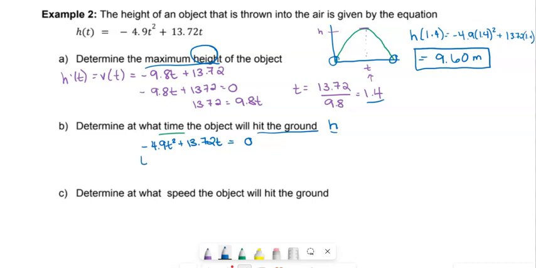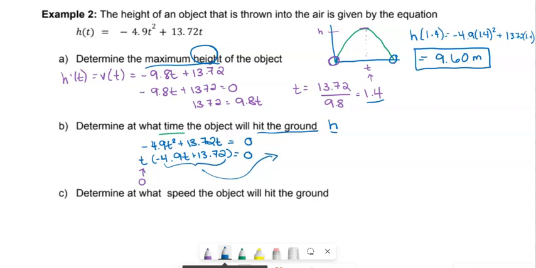So I'm going to common factor out this t. And now I'm going to find the two cases. So here's my first case here. When t is 0, the height is 0, and I know that that's my first point there. And I'm going to look for the second point, when this part is equal to 0.